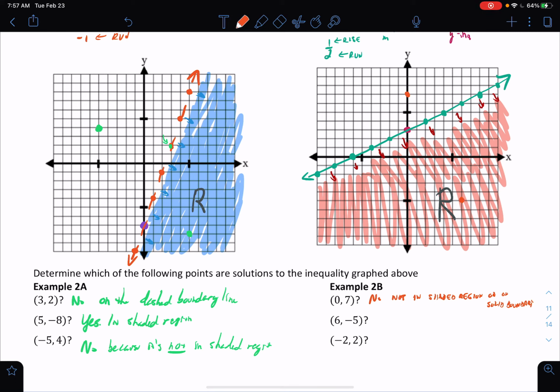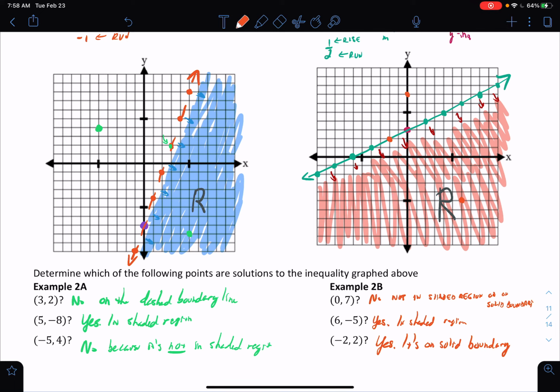Well, that's clearly in this shaded region, so yes, in the shaded region. And then (-2, 2), oops, erased it, it's right back. (-2, 2), that's on the boundary line, but since I have equality, since it's a solid line, I do include it. So yes, it's on the solid boundary.